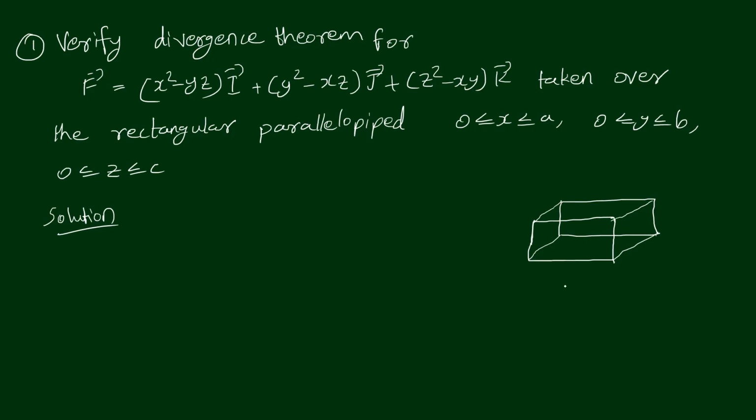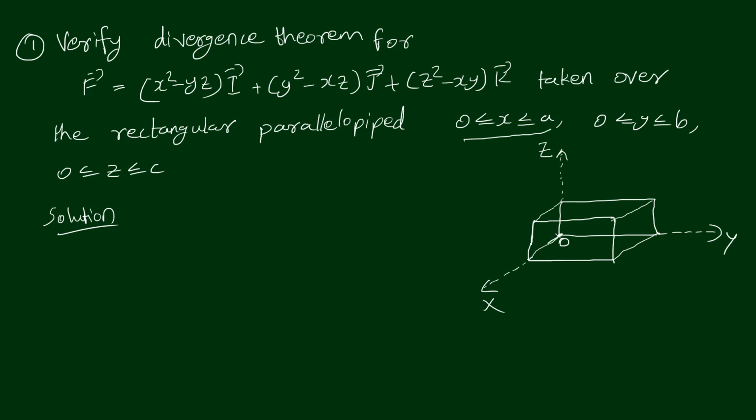Given the rectangular parallelepiped, suppose we consider xyz axes like this. Suppose this is your z axis, this is your y axis, and this is your x axis. This will be our origin. This is the given rectangular parallelepiped, where 0 ≤ x ≤ a.